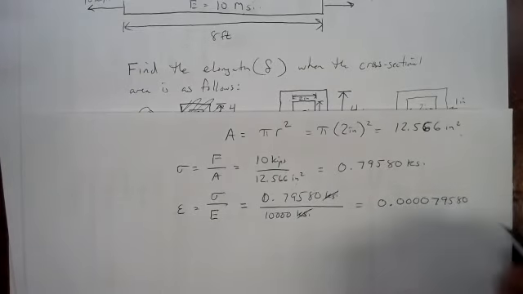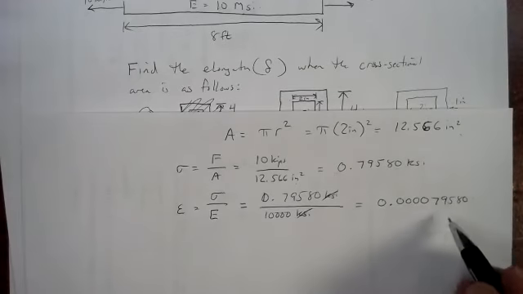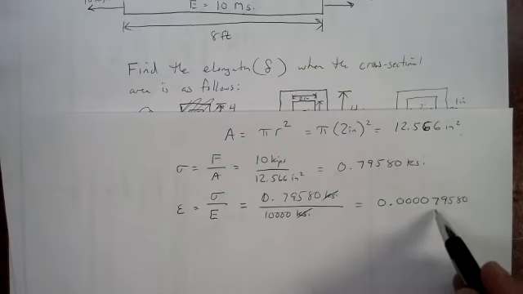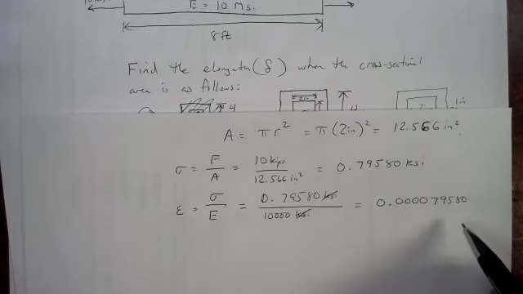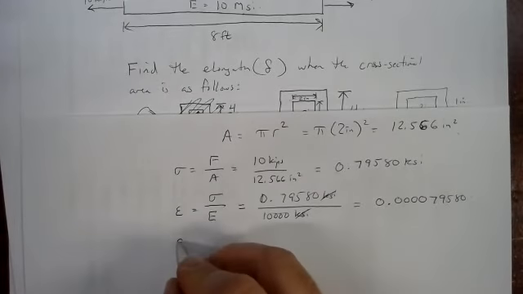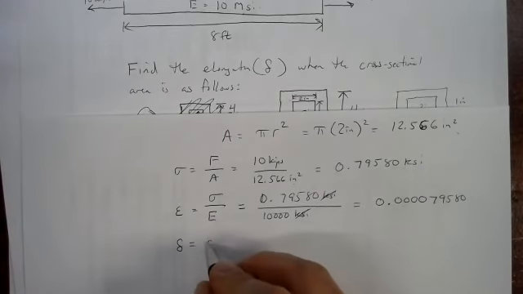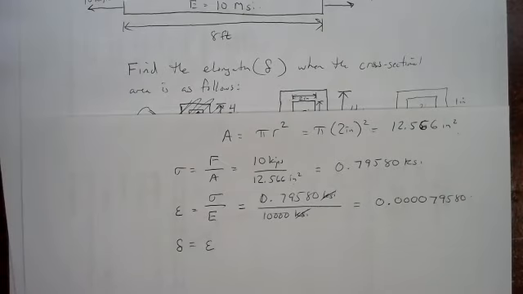It's the elongation. So each unit of length grows by this very small ratio. Looks like 79.5 millionths is what it grows by. The elongation is the strain, how much each unit of length grows, what factor each unit of length grows by, times how many units of length you've got.